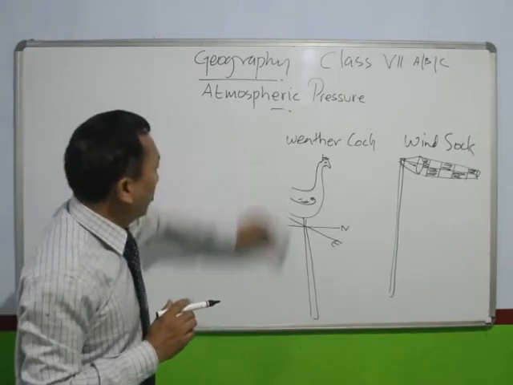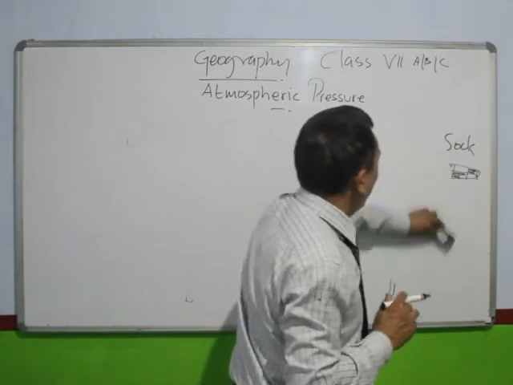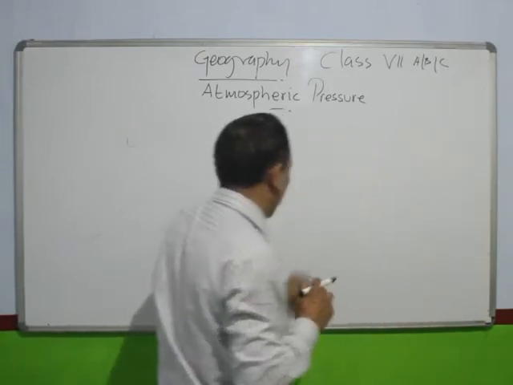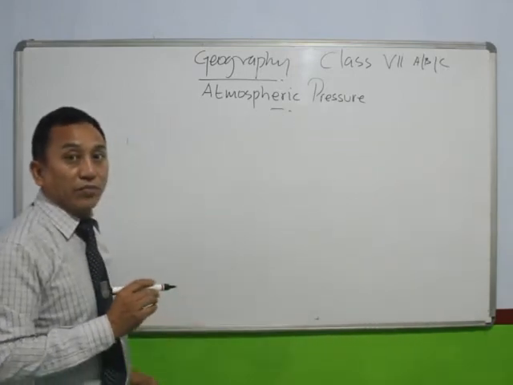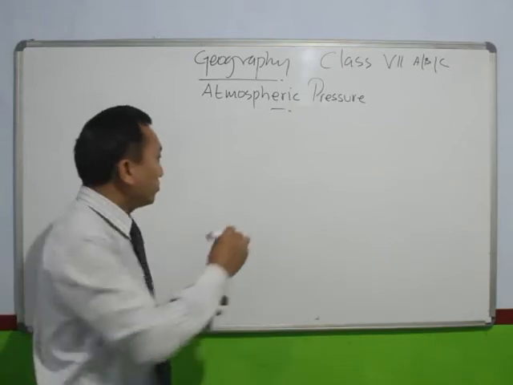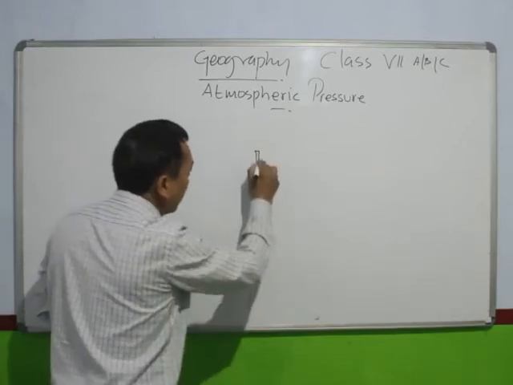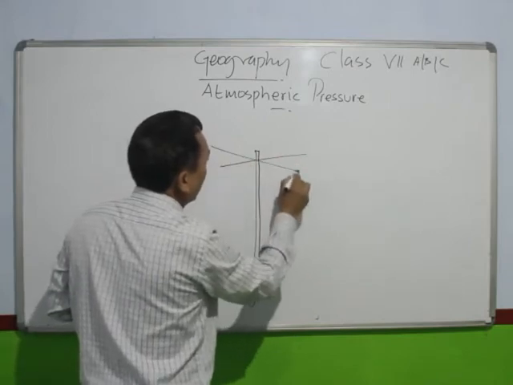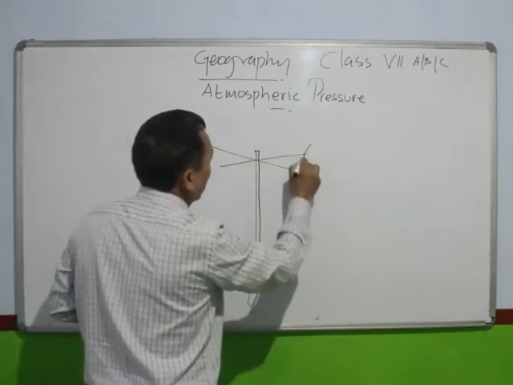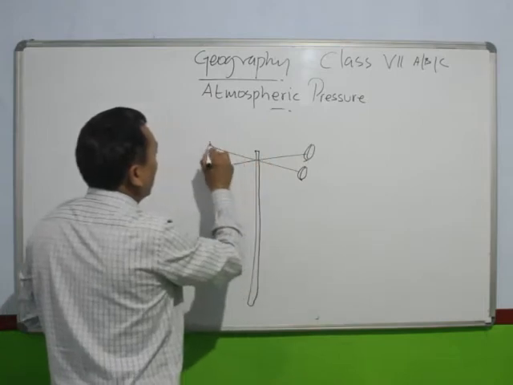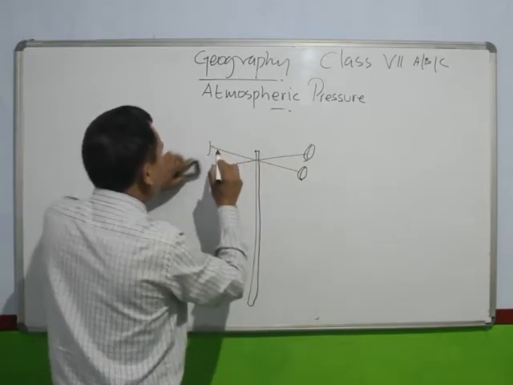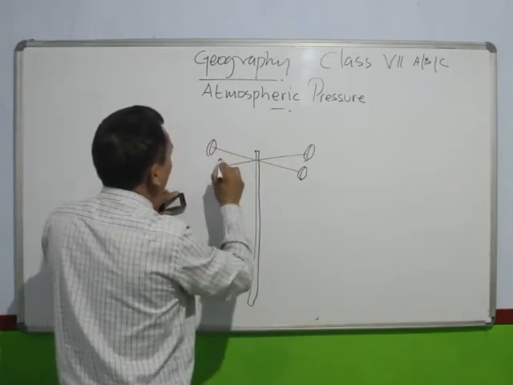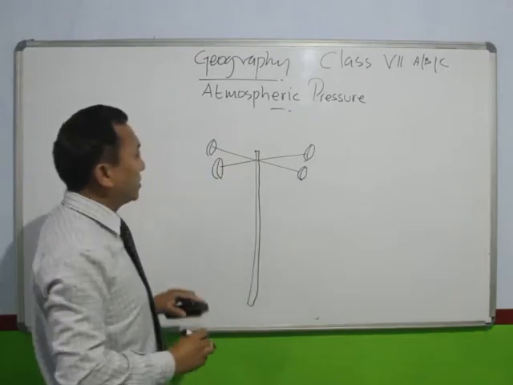Then we also have an instrument which measures the speed of the wind. I told you, the anemometer. Anemometer is basically, see, if you see here, like this.